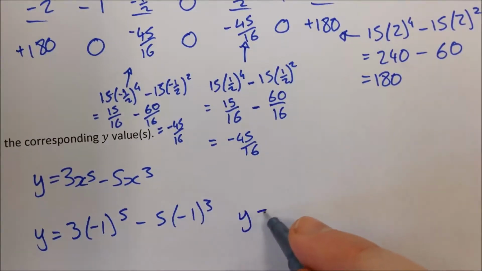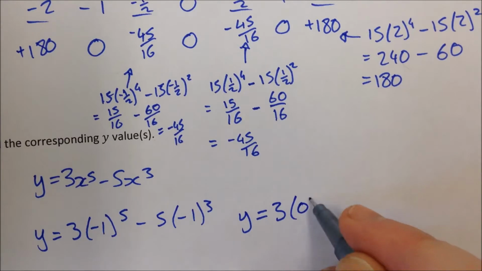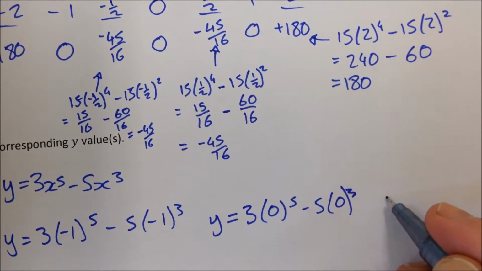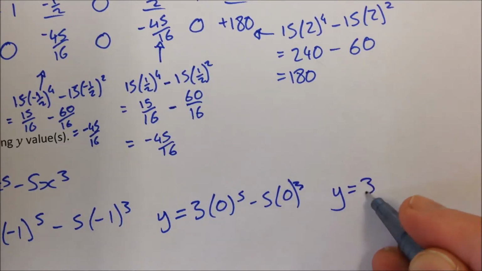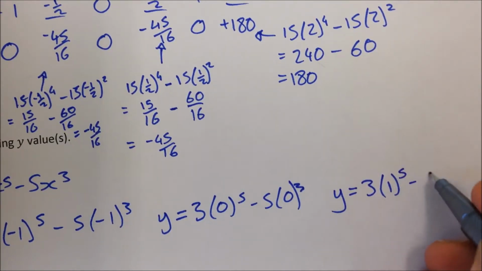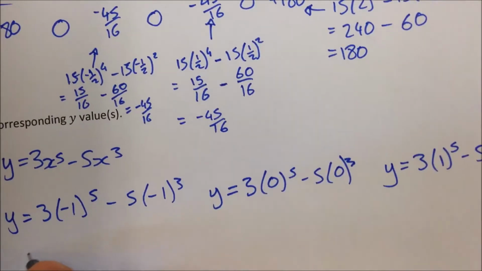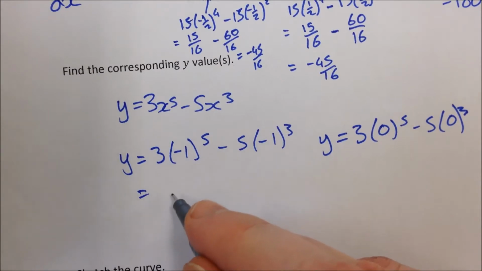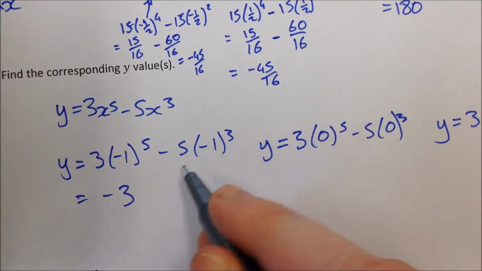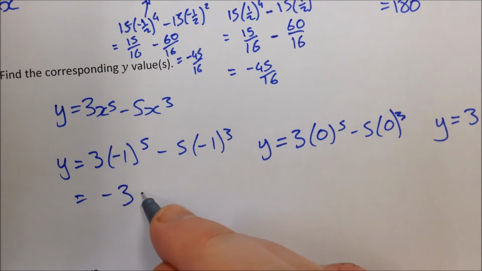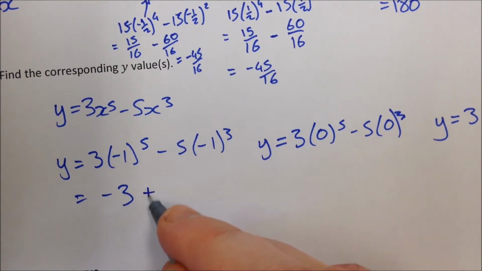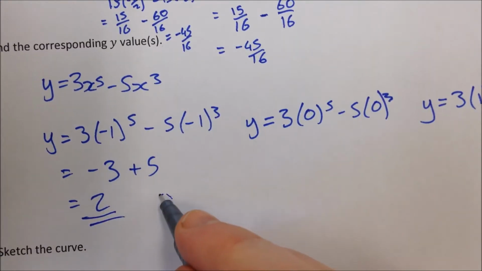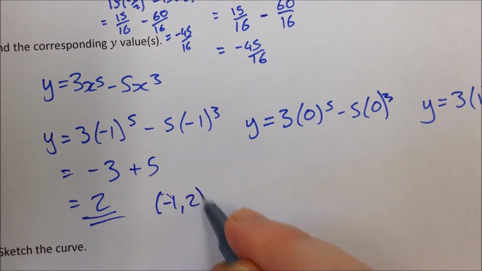Negative 1 to the power 5 is negative 1, so that's negative 3. Negative 1 to the power 3 is negative 1, so that is going to be, take away negative 5, so that's going to be like plus 5, so it's going to be 2. So there's one of my values. One of my coordinates is negative 1, 2.